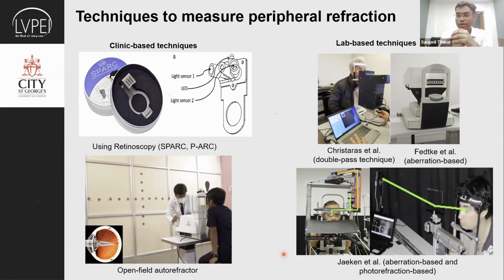The other side of this story is that we also have some lab-based techniques to measure peripheral refraction. But the problem with these is that the instrument is too large, or complicated, or still in the research field, and it's a little complicated to use in a clinical scenario.